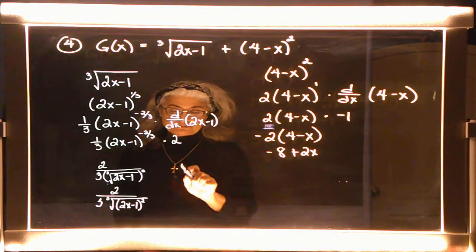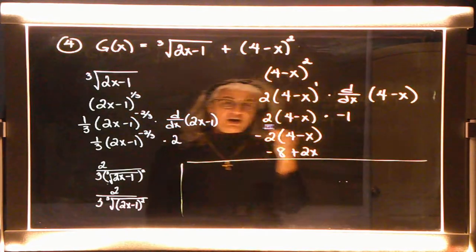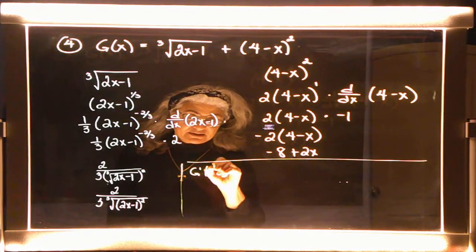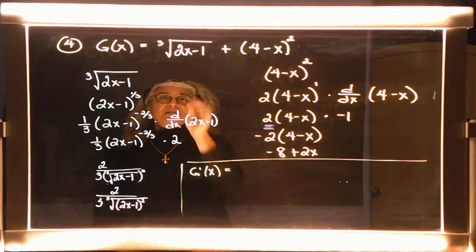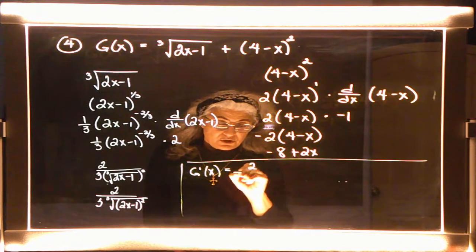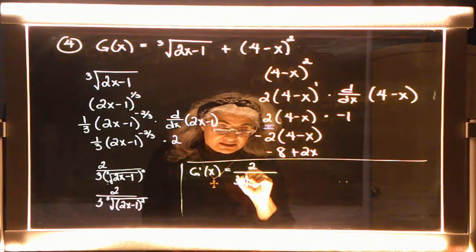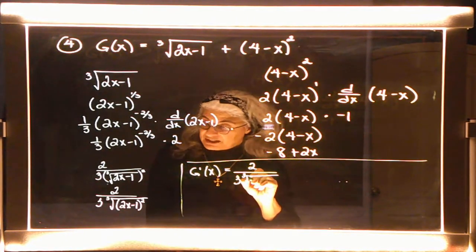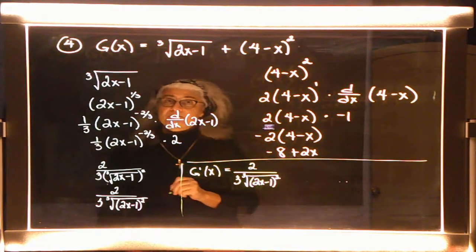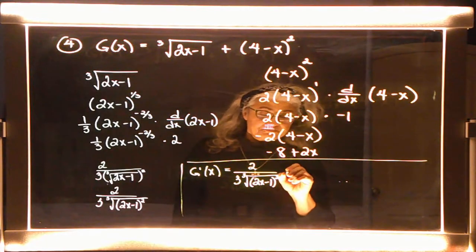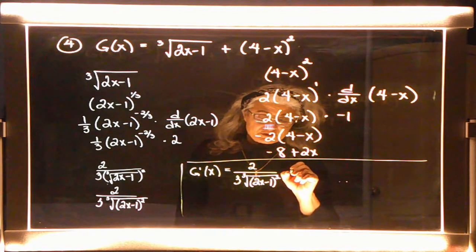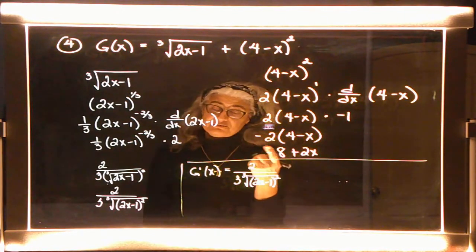So our derivative of g of x, so g prime of x is going to be equal to the derivative of this cubed root, which is 2 over 3 times the cubed root, and underneath it is the 2x minus 1 squared, plus, or minus in this case, because we have to write the minus 8 first, or you could write the plus 2x first, it really doesn't matter.